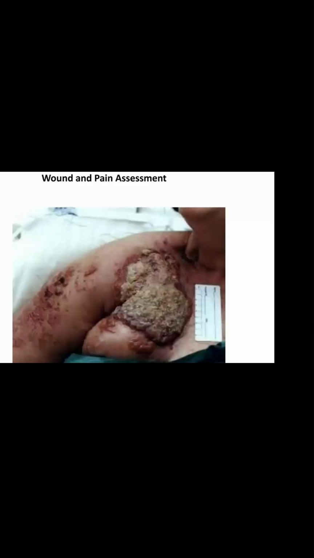Then, how about the surrounding area? How is it showing? Surrounding skin. What about the surrounding skin?